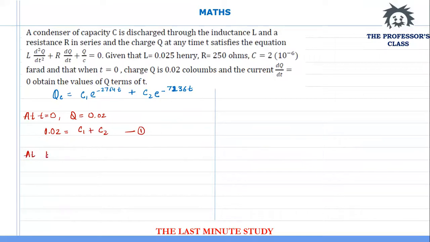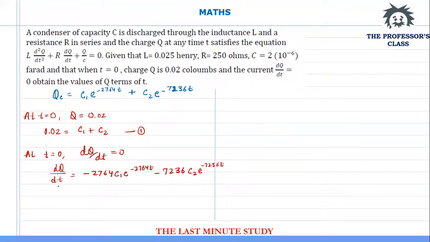The second condition: at t equals 0, dq by dt is equal to 0. Now you are supposed to find dq by dt. So the equation of q, I'll be differentiating it once with respect to t, so that I get minus 2764 C1 e raised to the power minus 2764t minus 7236 C2 e raised to the power minus 7236t.